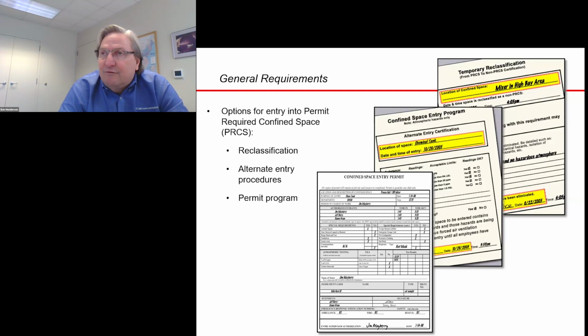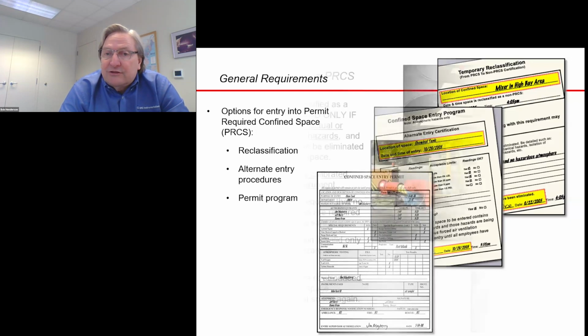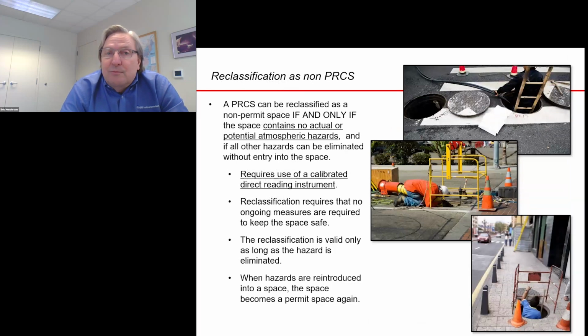It lists every single detail that you need to do to ensure workers are safe, and that also includes rescue provisions. It's like the checklist that a pilot on a commercial aircraft goes through. It just ensures that nobody forgets a single step to make sure that when the plane takes off, it takes off safely. Let's go back to the three alternatives.